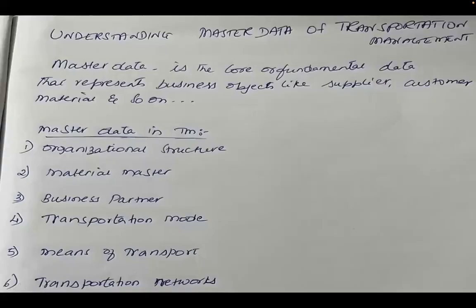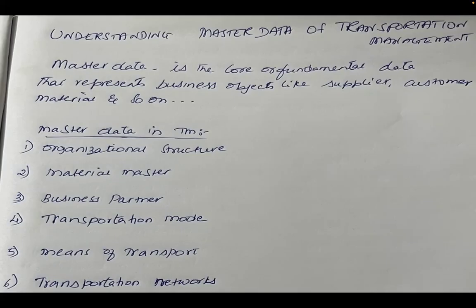Okay, so now if you look here, the master data in transportation management: we have organization structure, which represents various departments or units in an organization. Then we have material master, which contains details of a material that's essential for transportation activities. And then we have business partner, which represents entities like suppliers, customers, carriers, all that.